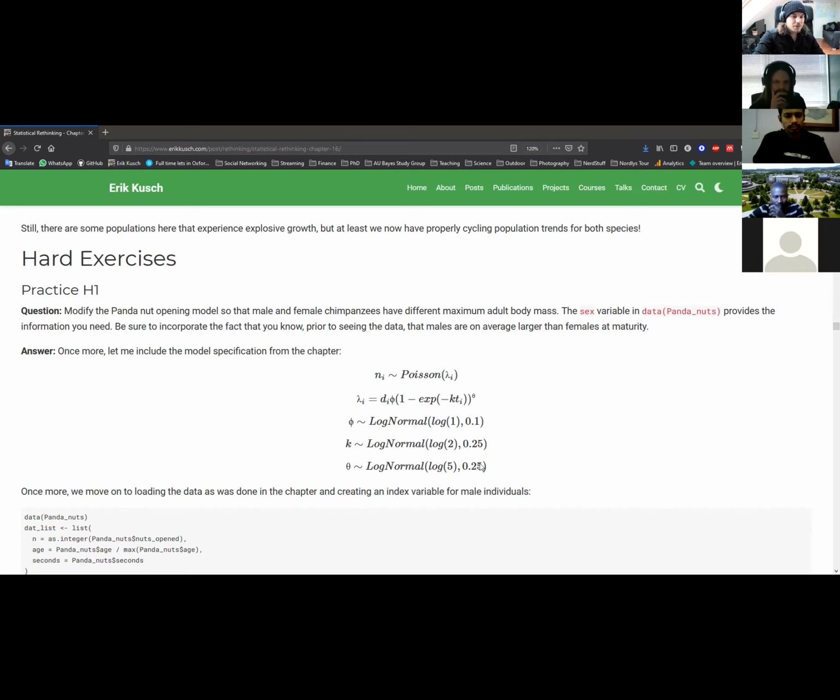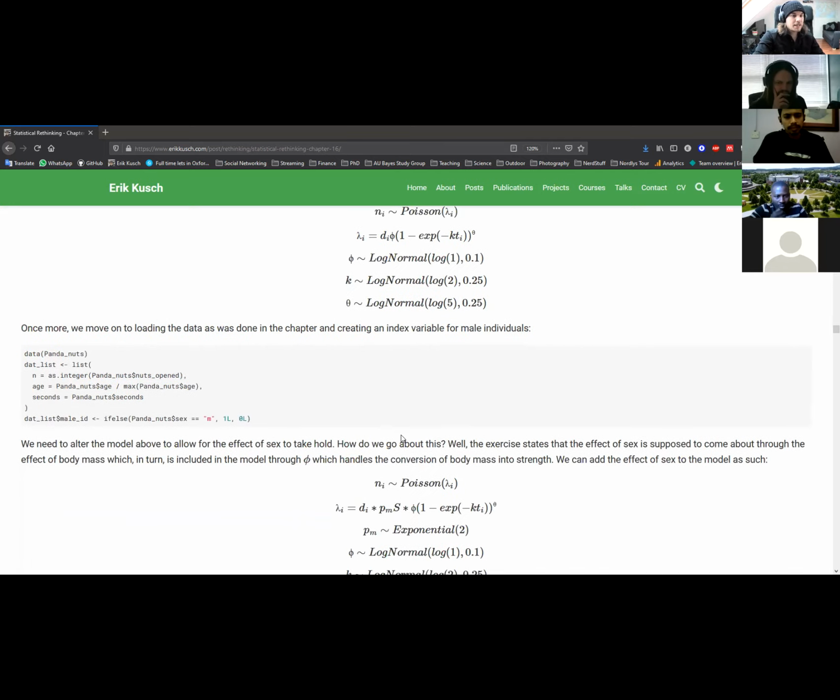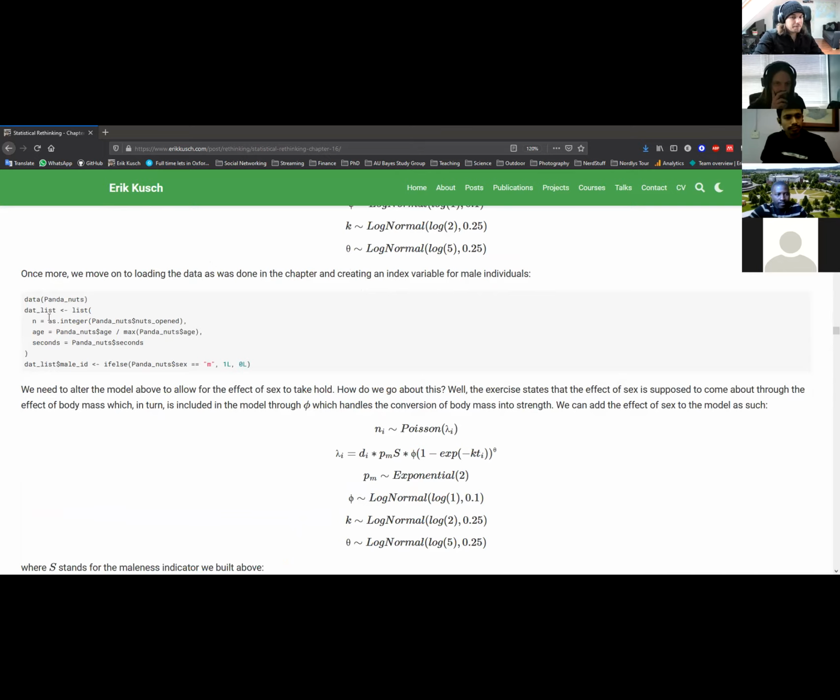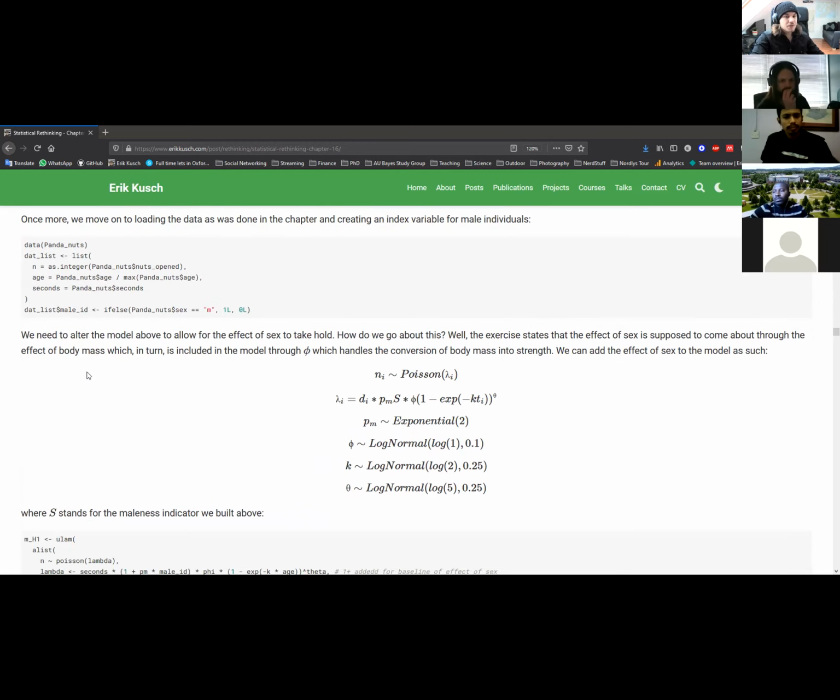So again, this is just the model from the book, and then I just load the data. Now we would like to think about how we can add our maleness index to this model. To alter this, the effect is supposed to come through the effective body mass, and the effective body mass is contained within this phi factor right here.